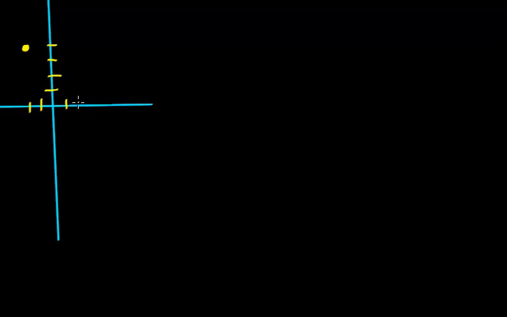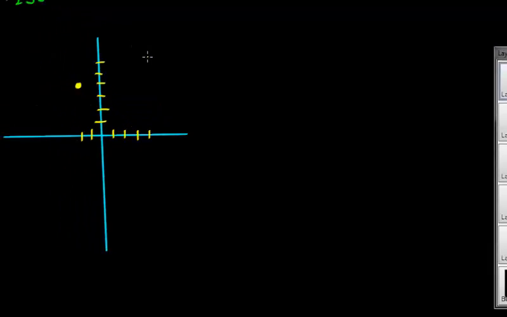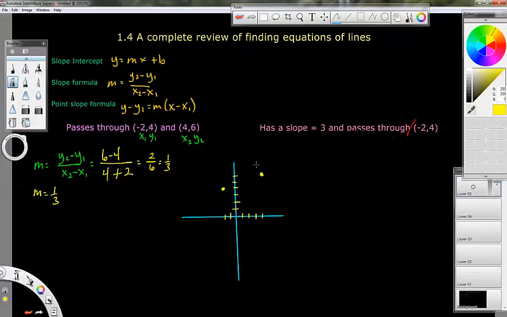And 4, 6: 2, 3, 4, and we'll go up 6, so that's 5, 6, and we'll just kind of eyeball it. For the sake of these videos today, I'll make red lines through here the best I can. Boom. Something like that. So what we're trying to do is find the equation of that red line.